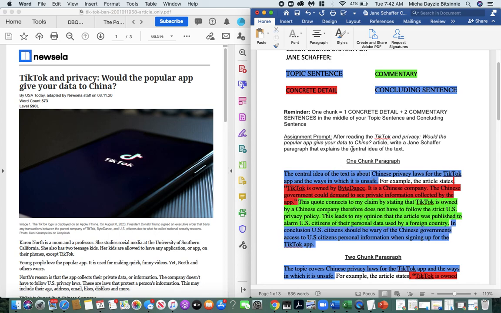So I'm using this keyword here from the prompt. Central idea of the text is about Chinese privacy laws for the TikTok app. So that's what this student is saying. This is the central idea. They're responding to the prompt.